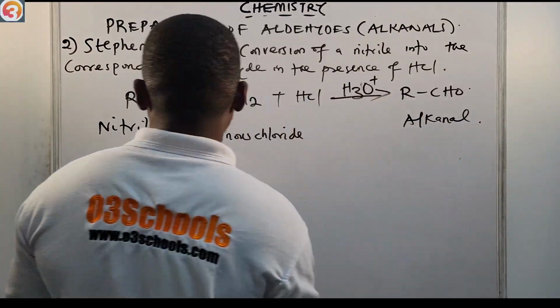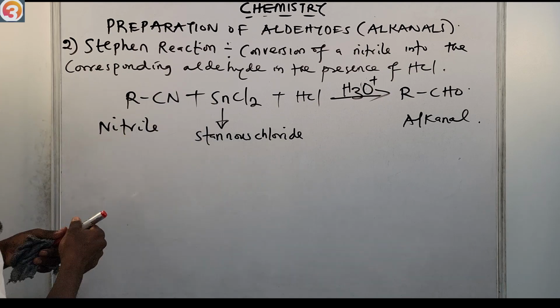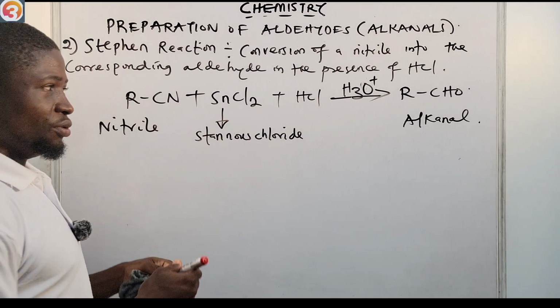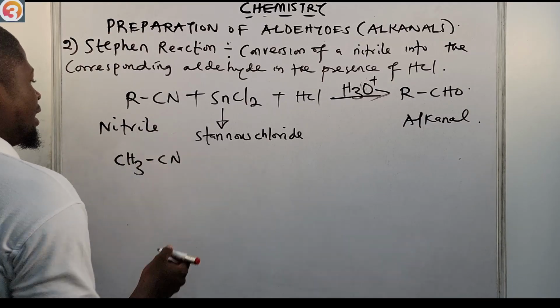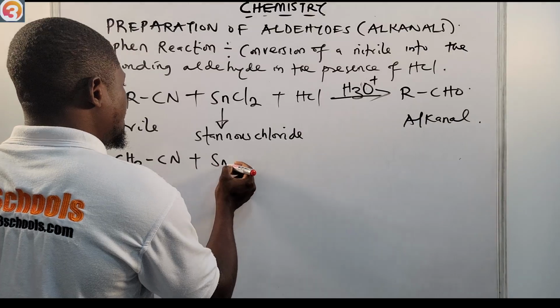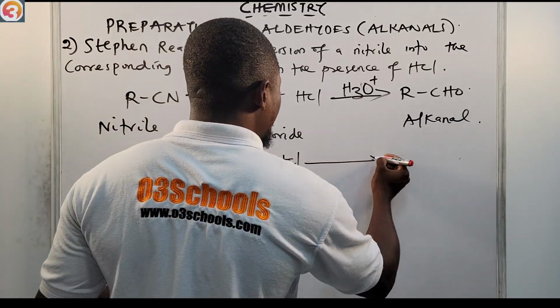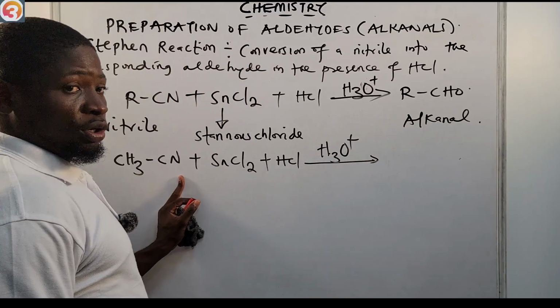Now, let's say this R group is a methyl group. If it's a methyl group, it's simple, you can write this reaction. In fact, you can pause this video and write out the reaction. If it's a methyl group, I'm going to have CH3CN, then plus SnCl2, then plus HCl, the same conditions, H3O+. What is it going to give us?